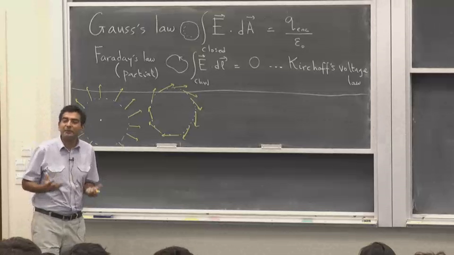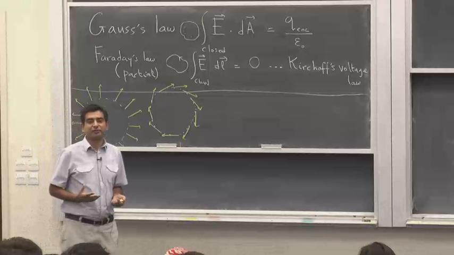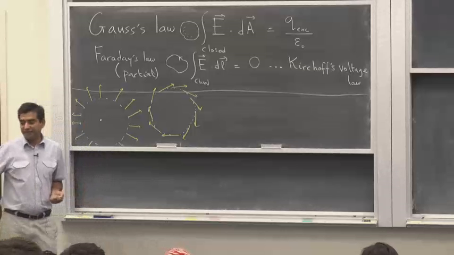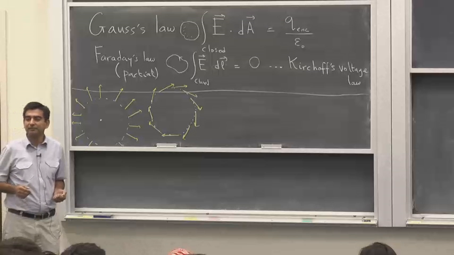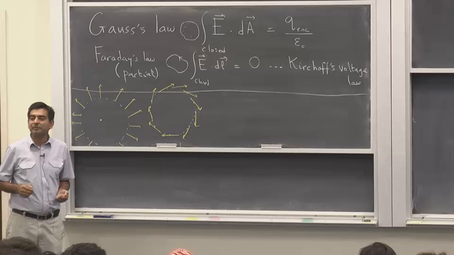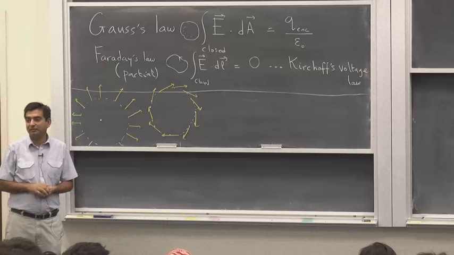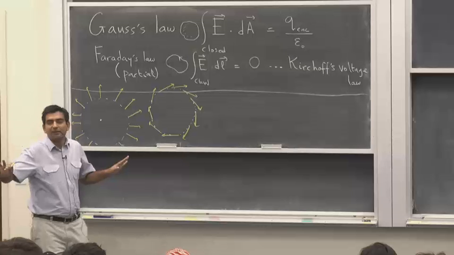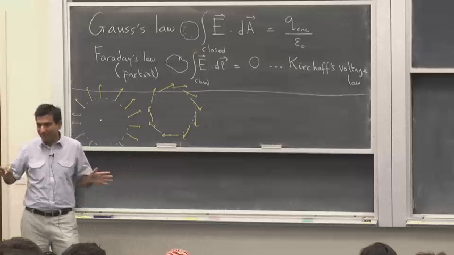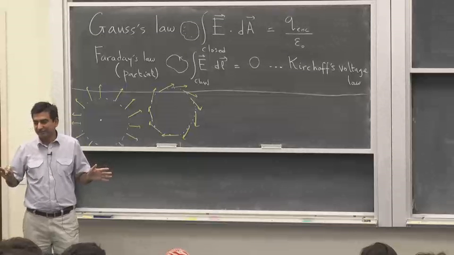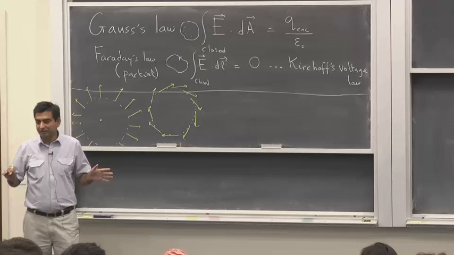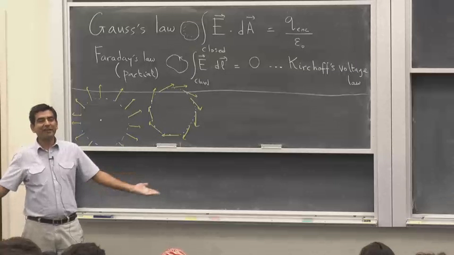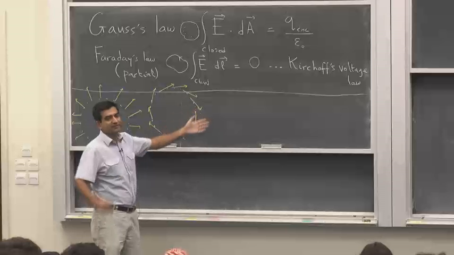Can anyone come up with the reason why such an electric field pattern is not allowed? Please stand up. Why? Right. Otherwise what? Please complete your sentence. Wait, I'm not talking about any area here. There's no area involved. This is just a path. This is just a circle.